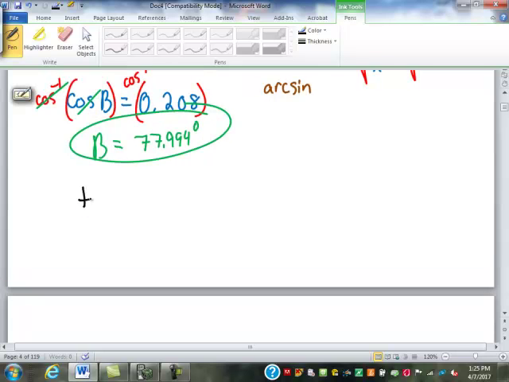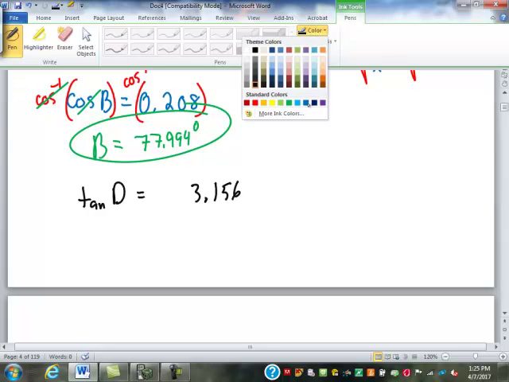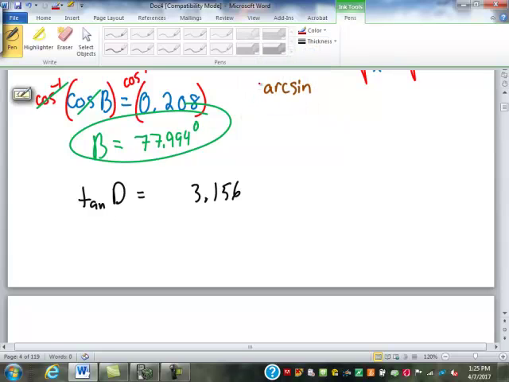If I tell you that the tangent of angle D equals 3.156, how am I going to find angle D? So the inverse tangent.